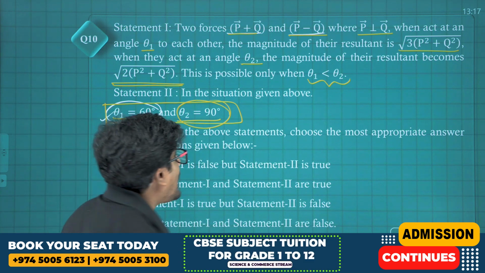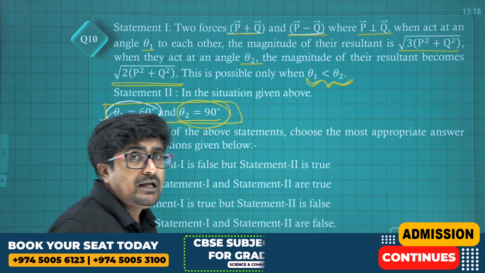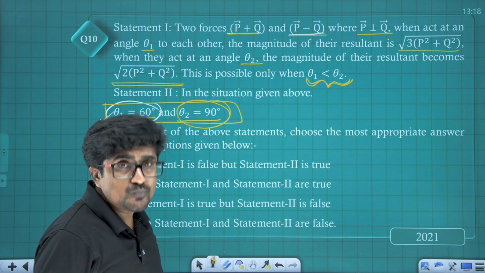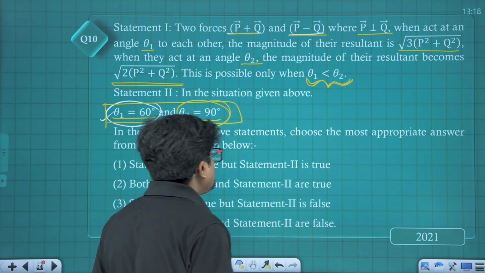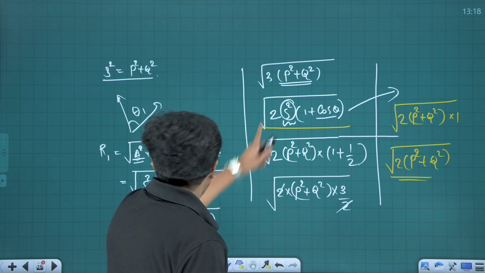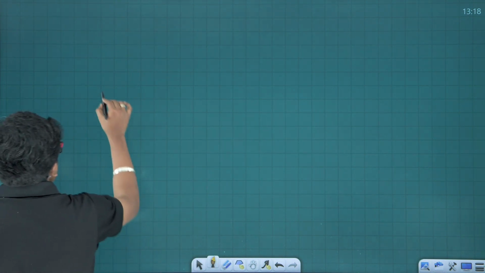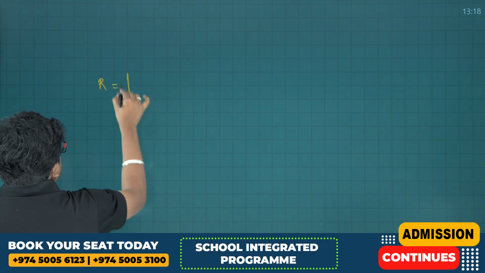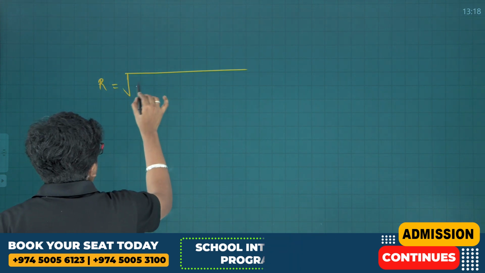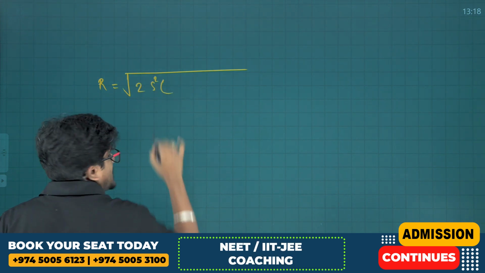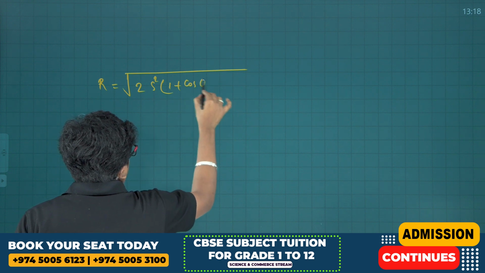And statement number 1 says theta 1 needs to be less than theta 2. Now in that condition, have a look. This is again the general expression. The resultant vector R is supposed to be root of 2 into S square, where S square is P square plus Q square, into 1 plus cos of theta.